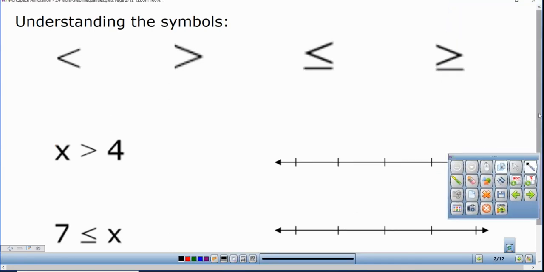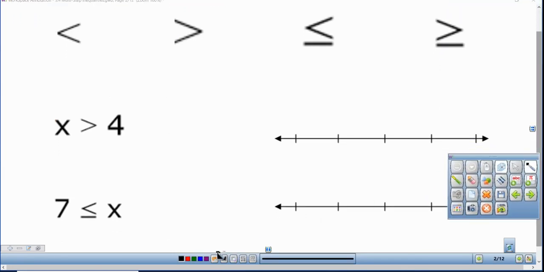But let's go back and talk about these symbols. You've seen them before. Sometimes we forget how to read them. As we read them left to right, this one is less than. This one is greater than.